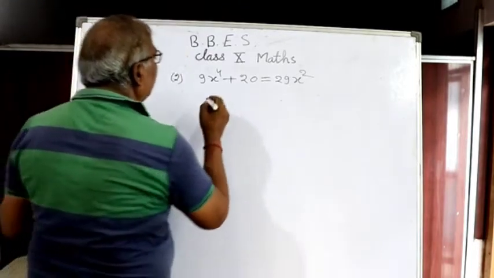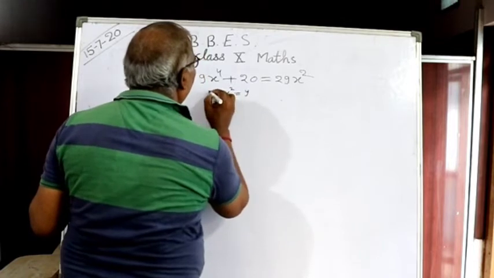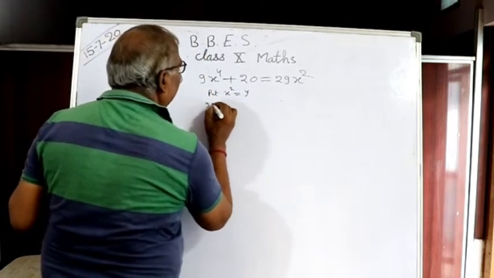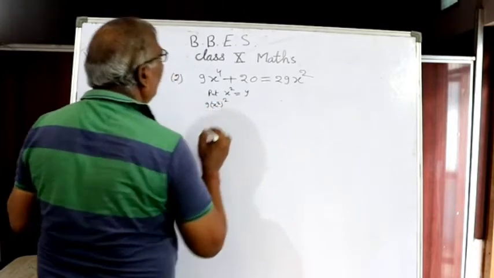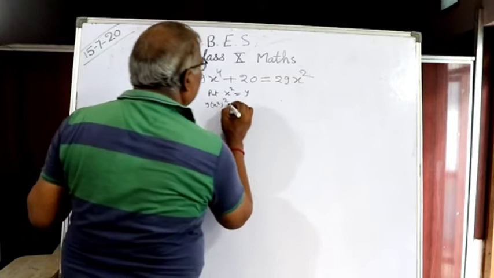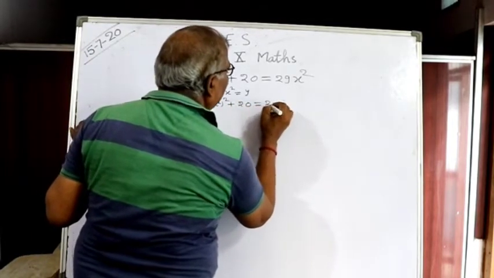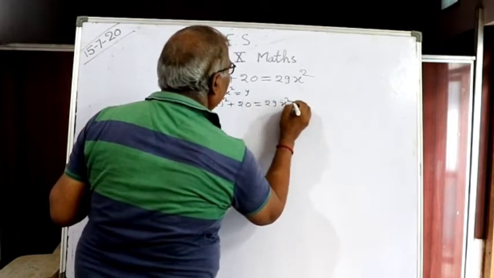Now we will put x square is equal to y. Then we can write here 9 into x square whole square plus 20 is equal to 29x square.